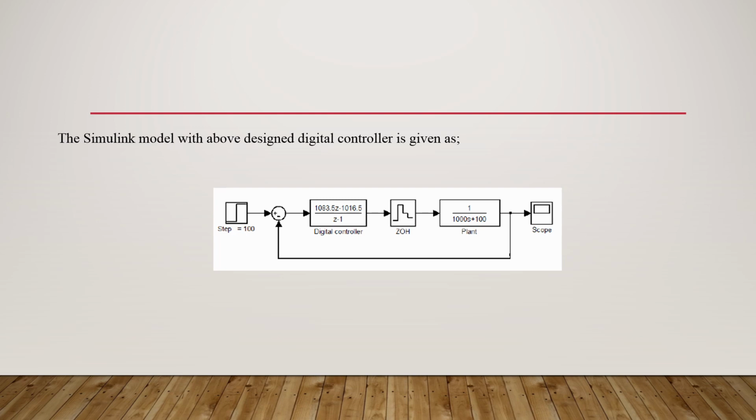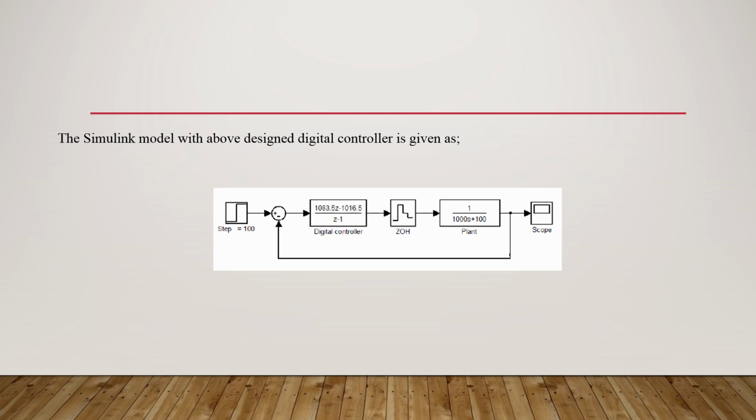After this, we pick the ZOH block from the discrete time library, and then we pick the transfer function block, rewrite its name as plant, and define its numerator and denominator values by double clicking on this block.